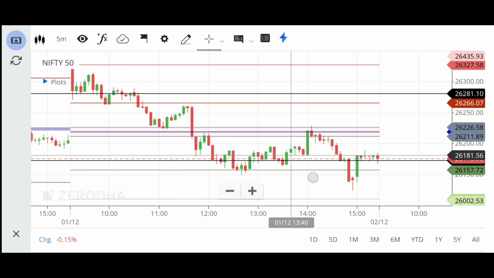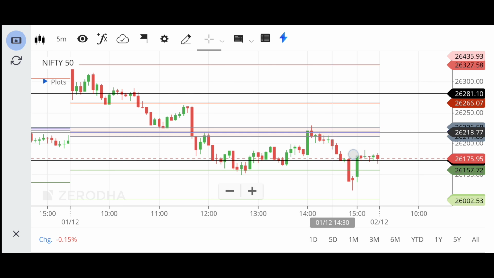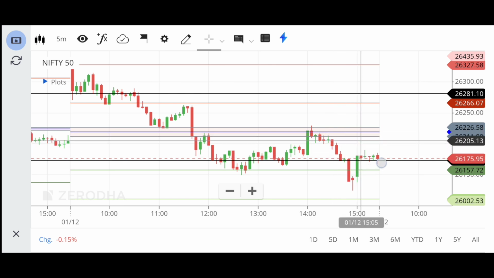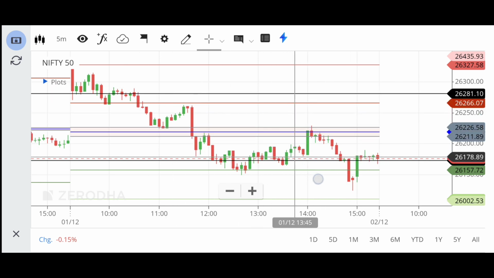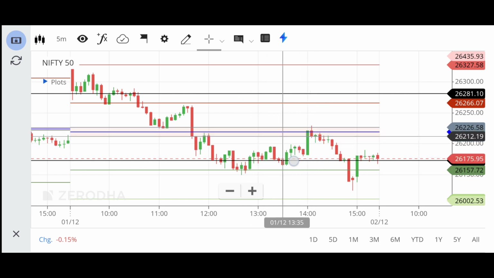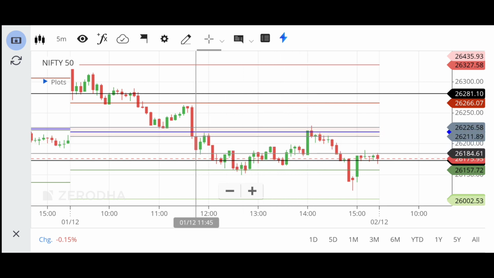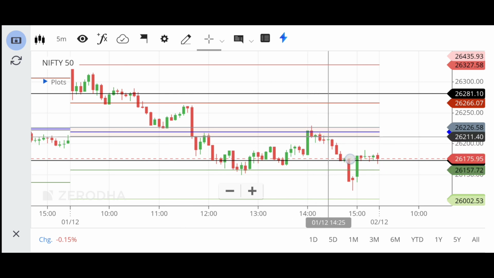Then it slightly goes up to CPR, and in this scenario you can take some risk because the market is long bearish. It tried to jump up for a long time, almost from 12 to 2 o'clock, and it again goes down only.